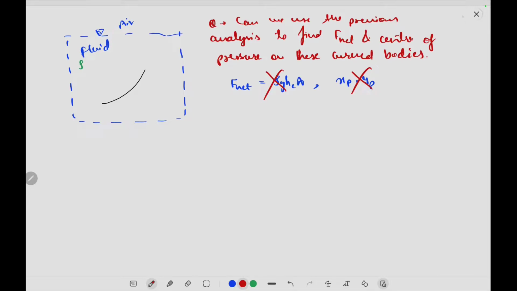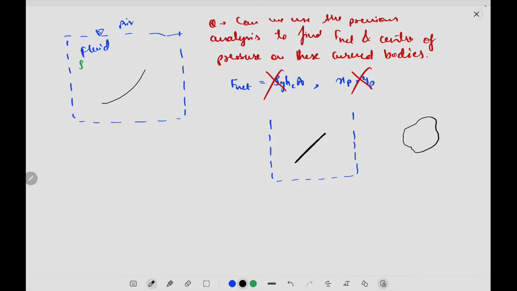Let's understand that. In the previous analysis, we had an object, and the object from the side view, from the edge view, was looking like this. The object was of some arbitrary geometry, but in such a way that the area vectors of this object all pointed in one direction, right?